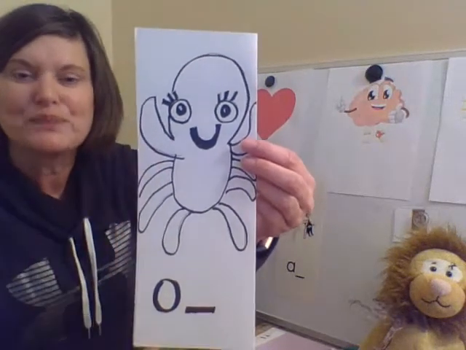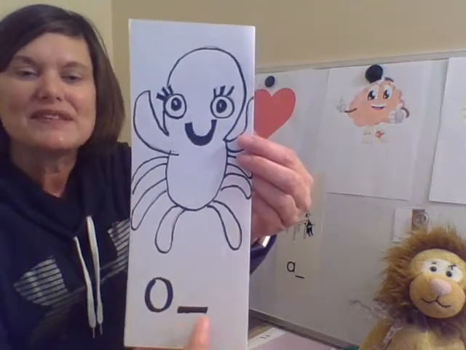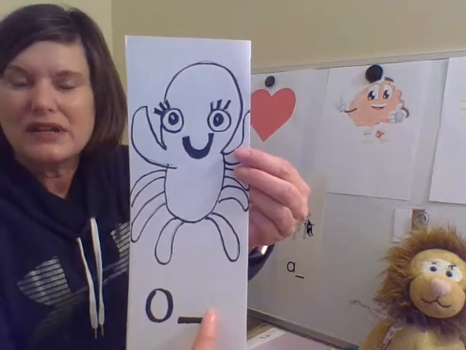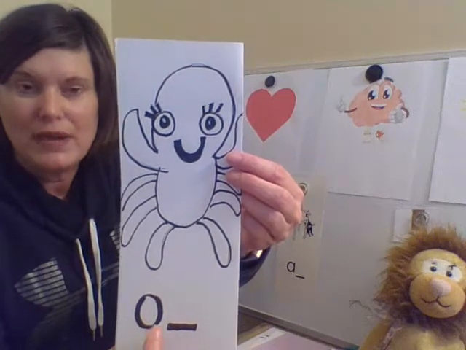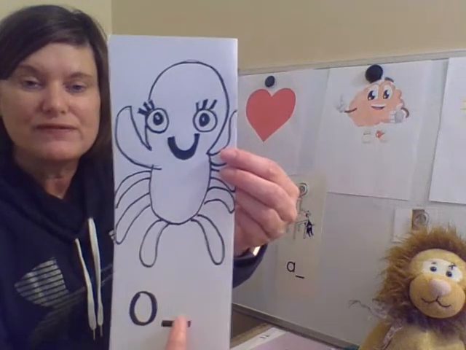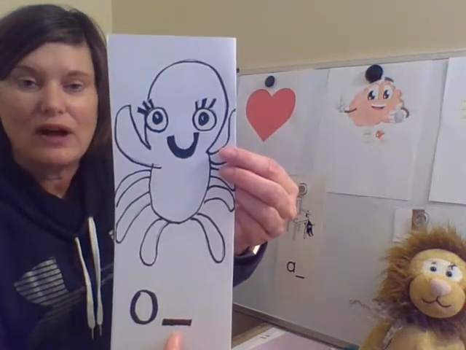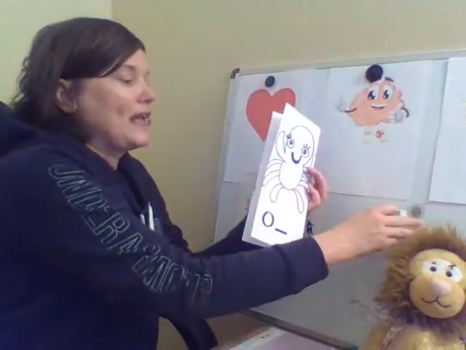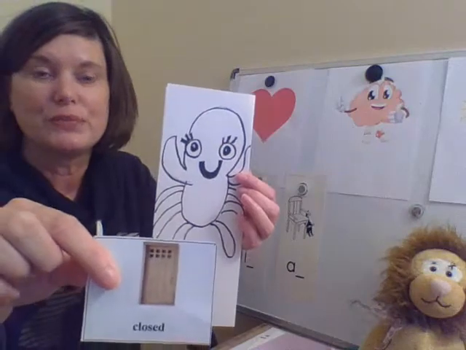Do you like my drawing? The reason I have this line here is because this represents that there would be a consonant following the O. And when there's a consonant following the vowel, it makes a short vowel sound. That's why it's called a closed syllable type.